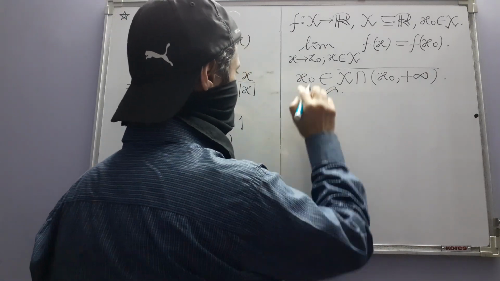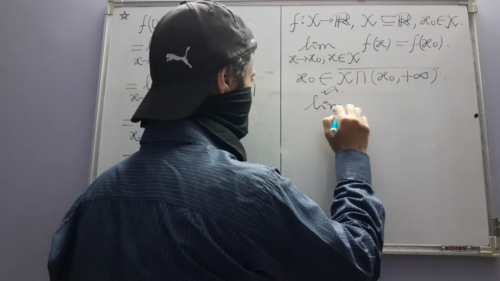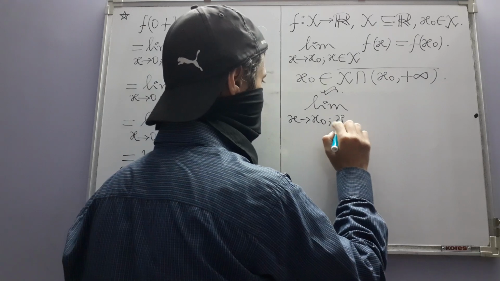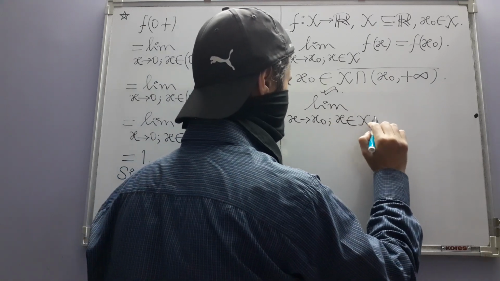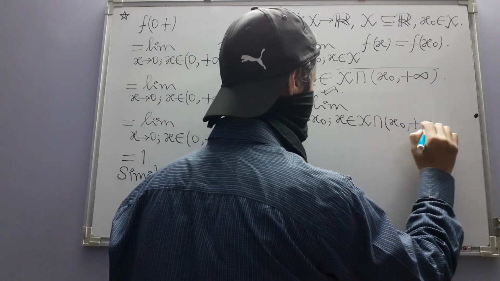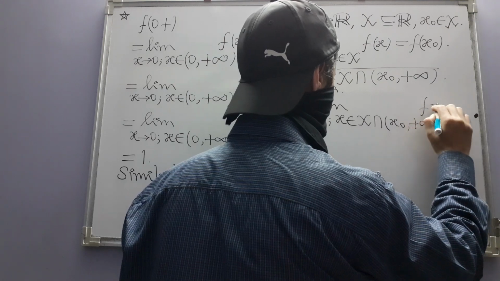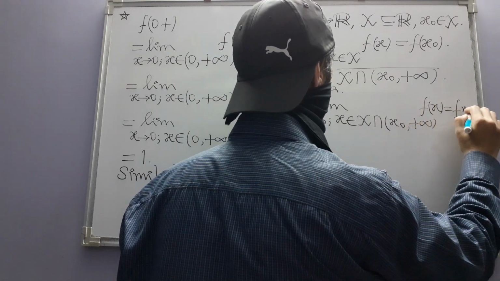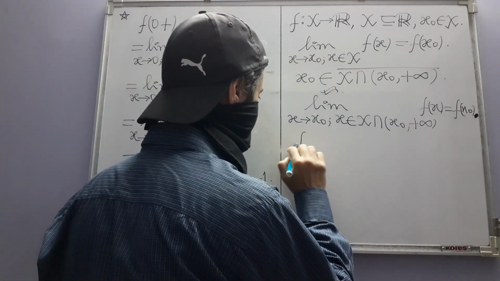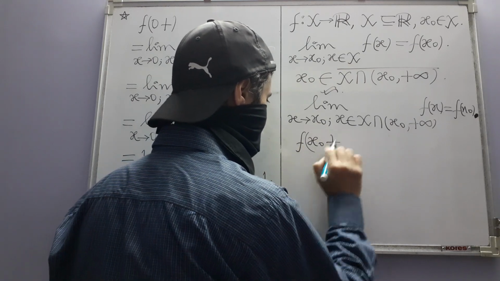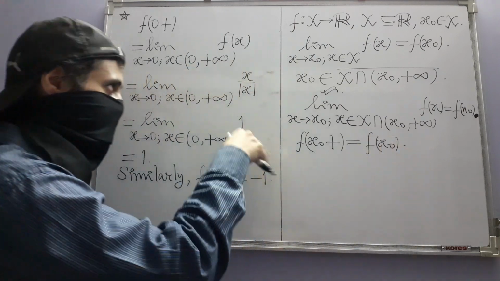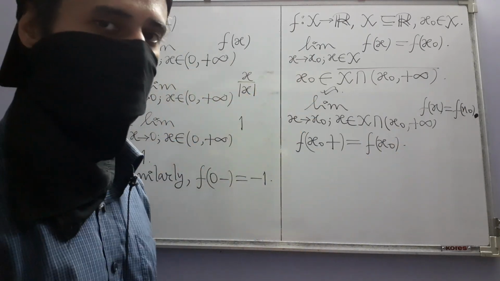Now, what we want to claim is this: that the right limit of f at x naught is equal to f of x naught if the limit of f of x is f of x naught at x naught.